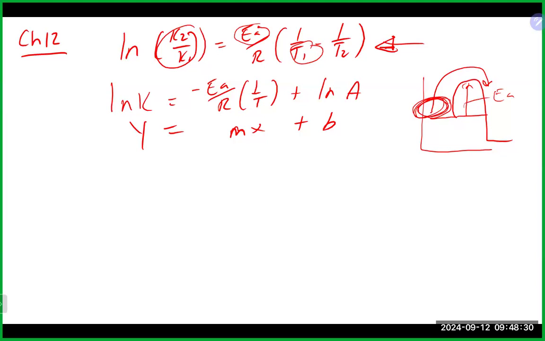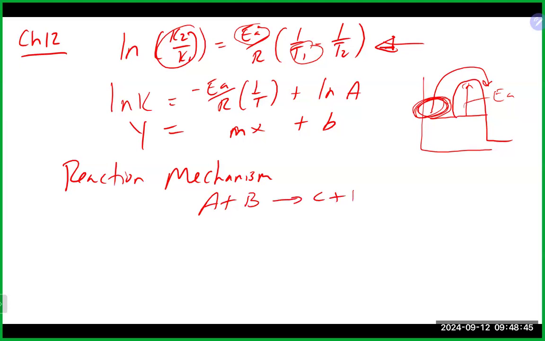We then talked about reaction mechanisms. And the idea of reaction mechanisms is not all reactions will take place in a one-step process. Again, it may be multiple steps along the way. And these multiple steps along the way are what are referred to as elementary steps in the mechanism.